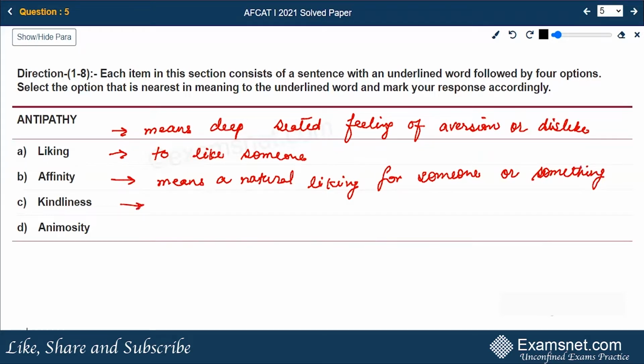Kindliness means to be kind towards something. Animosity means a strong hostility.